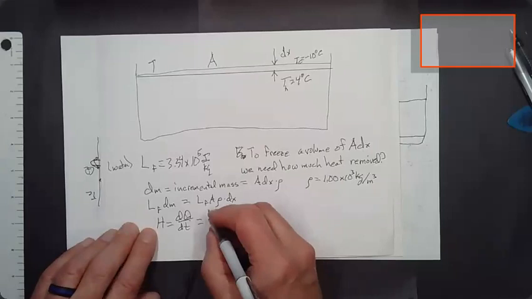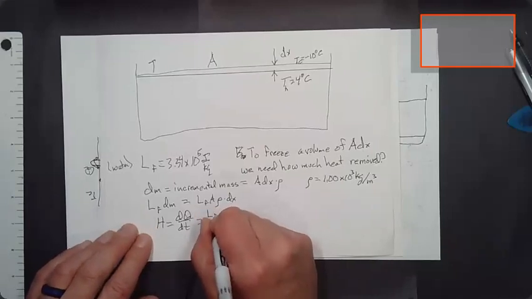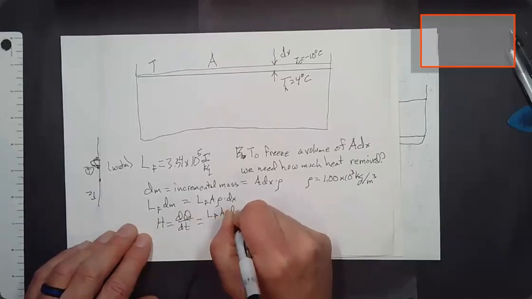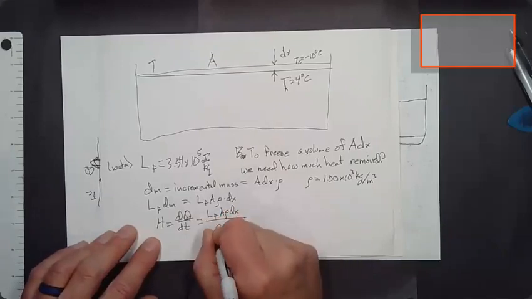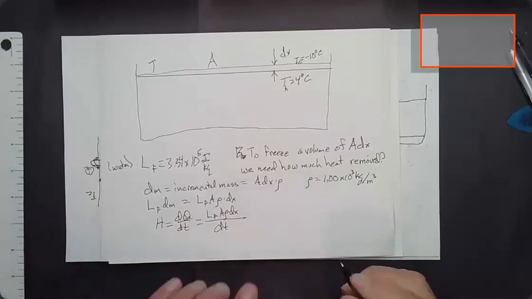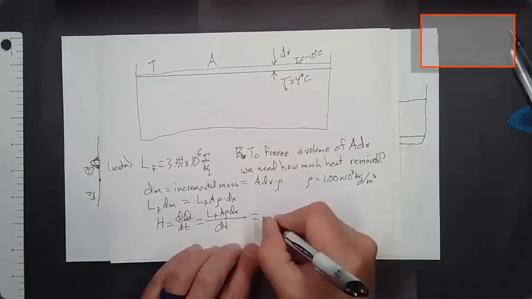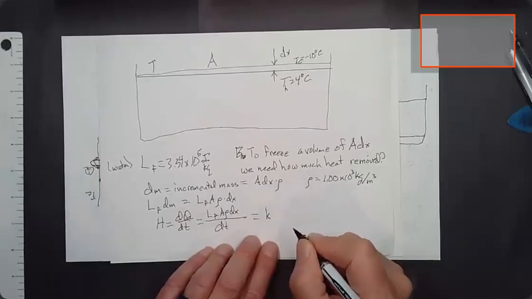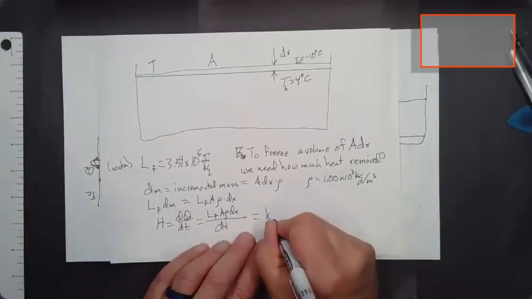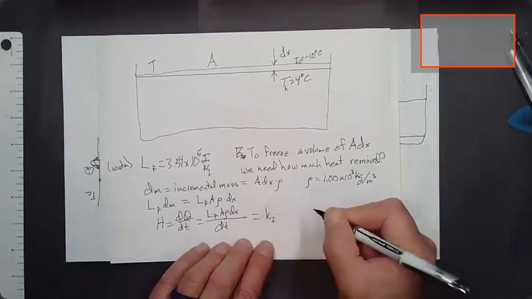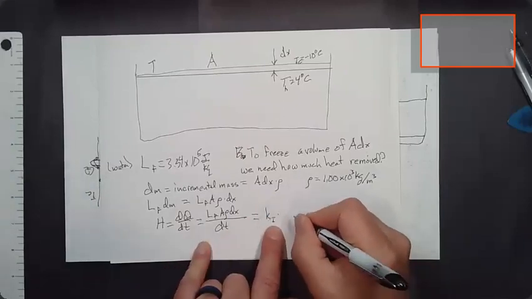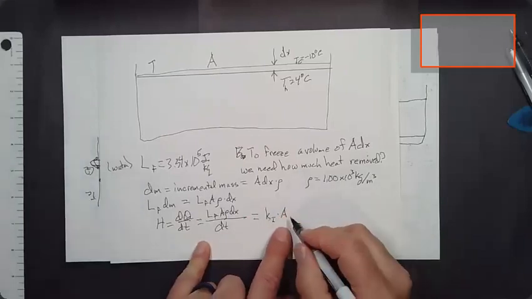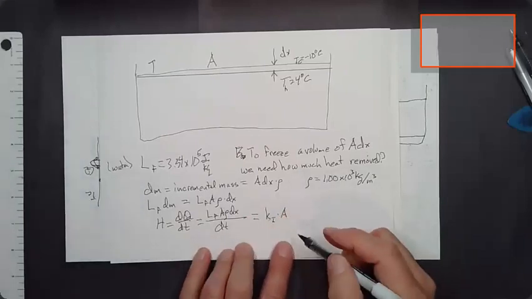So I could write this as L sub F A rho dx over some time interval. And who knows what that's going to look like, but this will equal the thermal conductivity of ice this time. So I'll write that as K sub I times, it always gets multiplied by the area, which is, in this case, the area of the lake.